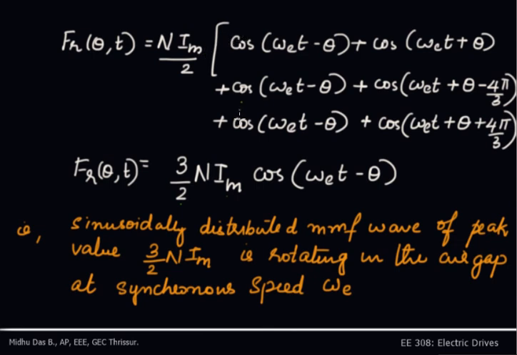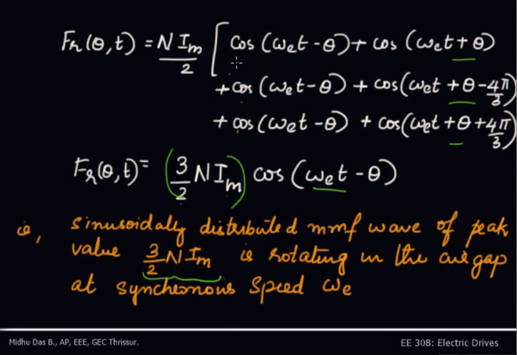Okay, the remaining terms will sum up to 0, because the phase difference between these three terms is 120 degrees. So you get a sinusoidally distributed MMF wave of peak value 3 by 2 Nim. We saw this when we analyzed it graphically. So the same magnitude 3 by 2 Nim, and it is rotating in the air gap at synchronous speed omega et. So you can see a 3-phase MMF wave.